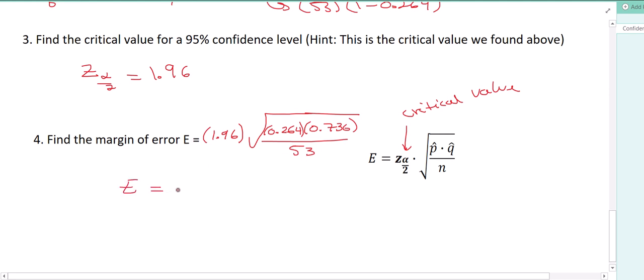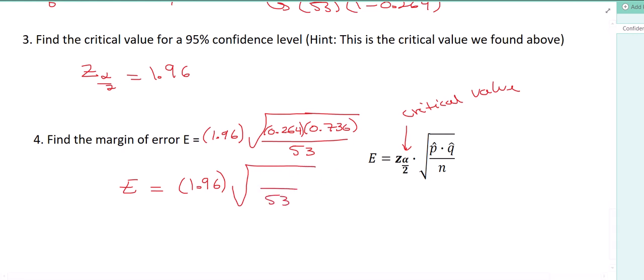And so this is going to be 1.96 times the square root of this stuff. So let's do the numerator, and then we'll divide by 53. When I do 0.264 times 0.736, I get 0.1943, let's leave it at 4 decimal places. Then divide by 53, take the square root.